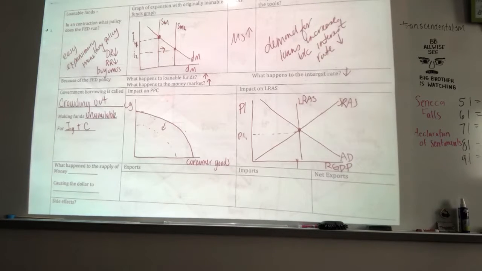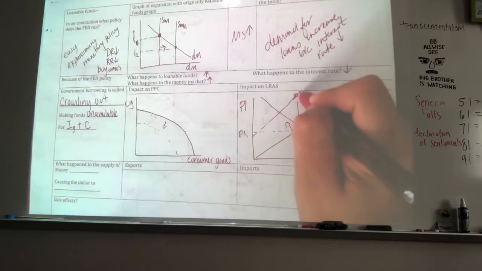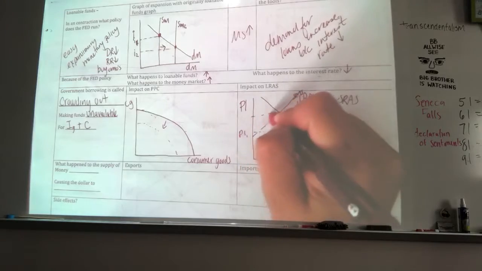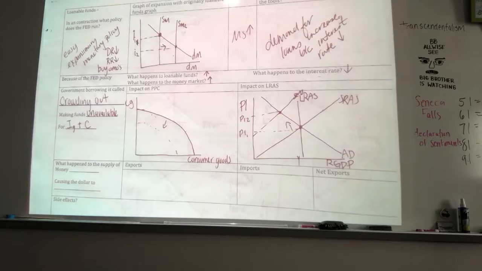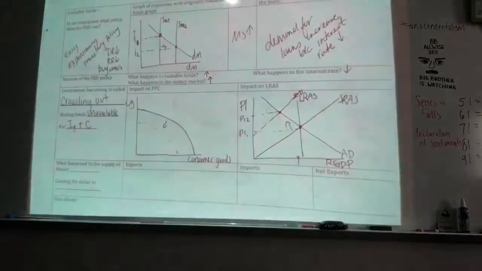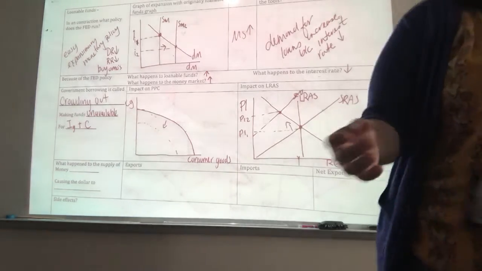No. So then which way does my business curve go, the short run aggregate supply? This has an unintended side effect. What happens to business prices? And is that good? No. So price level drops and production decreases, or price level increases and production decreases.